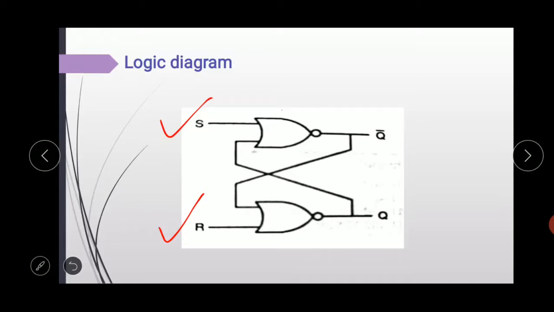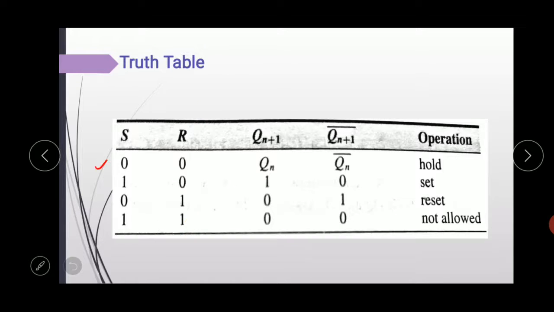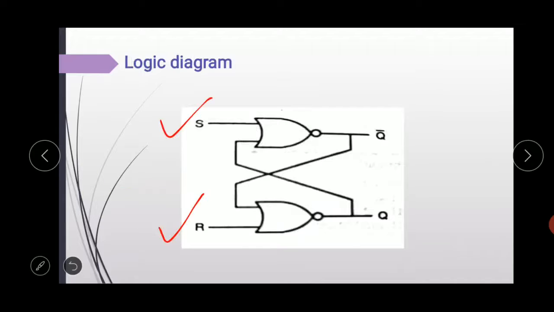For two inputs we have four combinations of input: 0 0, 0 1, 1 0, 1 1. So here is the truth table. First we apply this one, S is 1, R is 0.